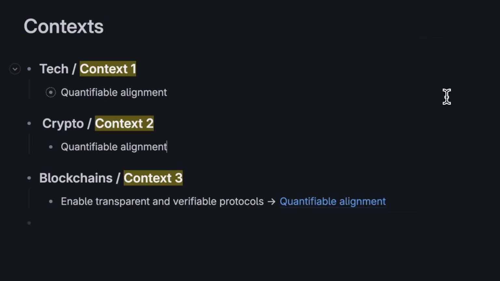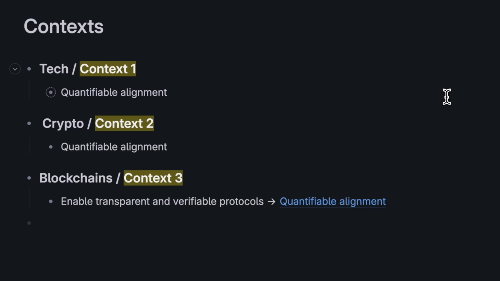Okay, so now let's see what we did from the perspective of the contexts. We had three different contexts, right? The first context is the tag, the second is crypto, the third is the blockchains. And the node quantifiable alignment was initially located under the crypto node, so in the crypto context. First of all, we duplicated the node, making the reference to the tag context. So now we see that quantifiable alignment is relevant for crypto and it is also relevant for the tag.